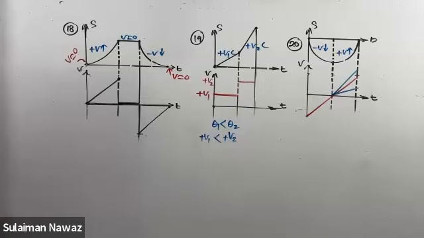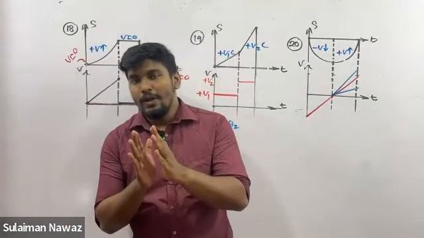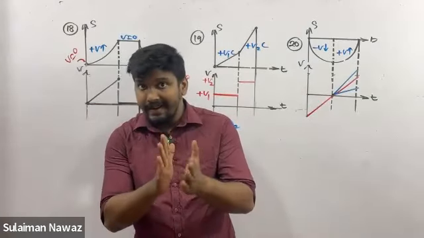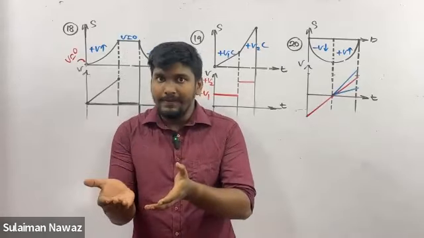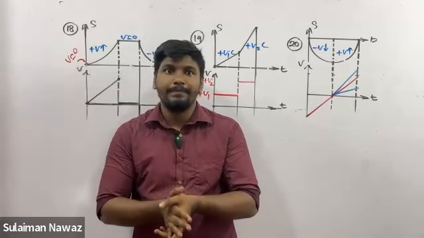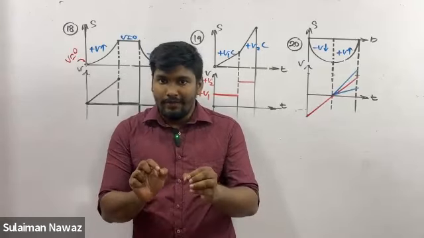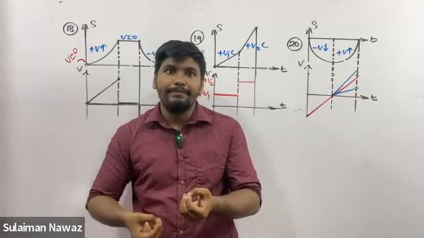Okay, right. Now I hope you understood how to convert ST graphs into VT graphs. What you want to look at in the ST graph is the gradient. Because if you want to obtain VT graphs, you should know how velocity varies with time.